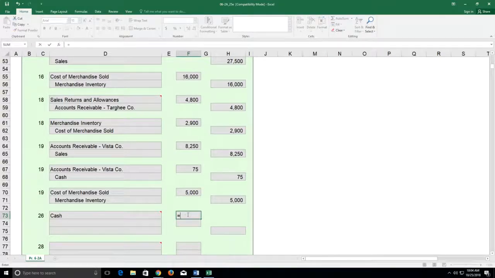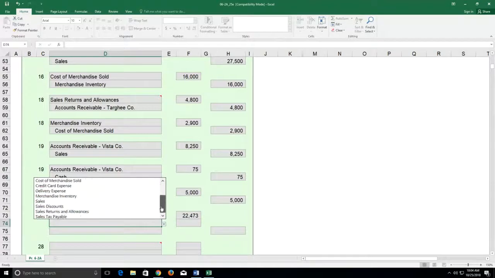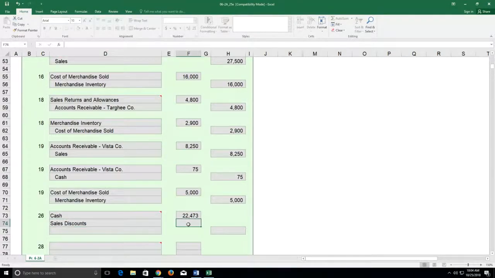It's going to equal the $27,500 minus the $4,800 they returned, close parentheses, times the 98 because we're giving them a 2% discount. So that would be a debit to sales discounts.